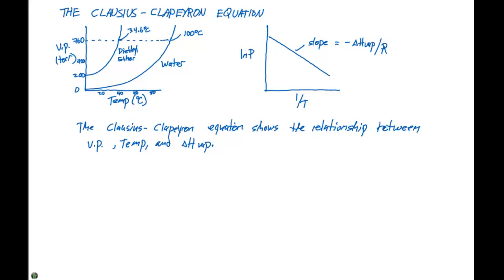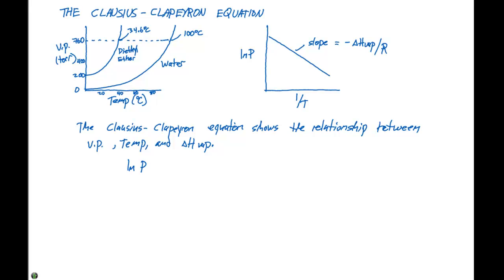This is a very, very powerful relationship. They found that by plotting the natural log of pressure versus 1 over the temperature, we see a linear relationship. Okay? Linear relationship, y equals mx plus b.